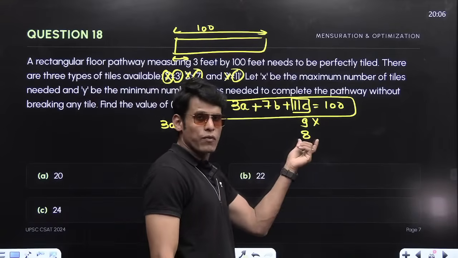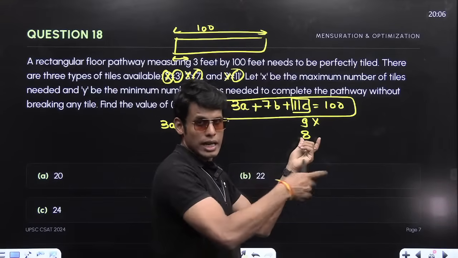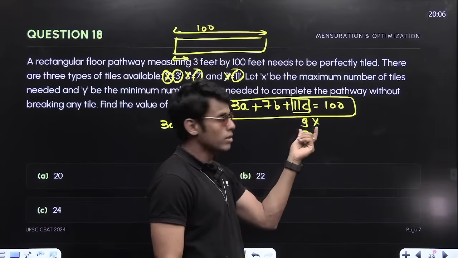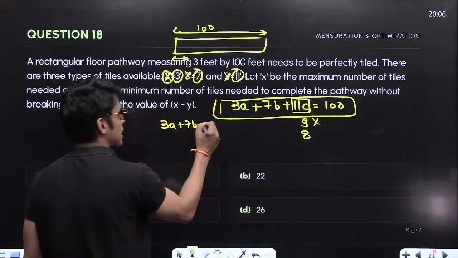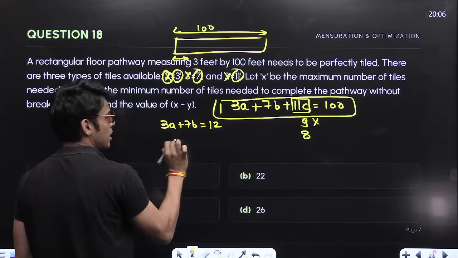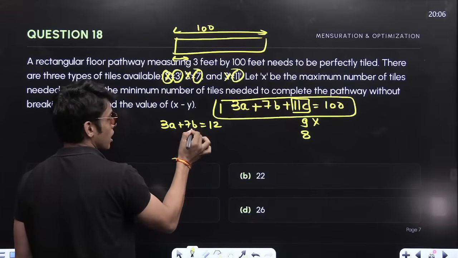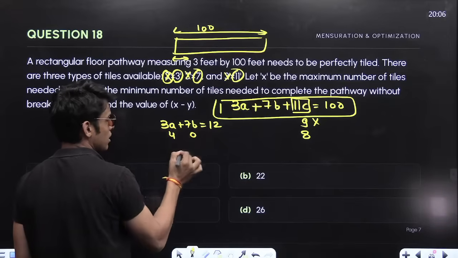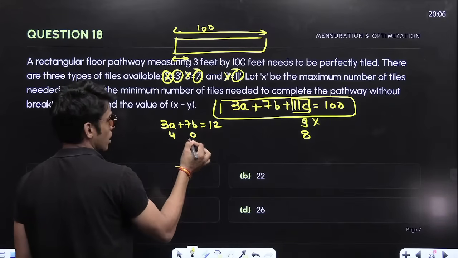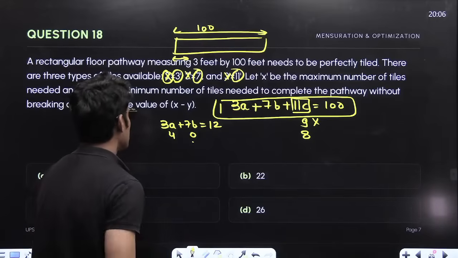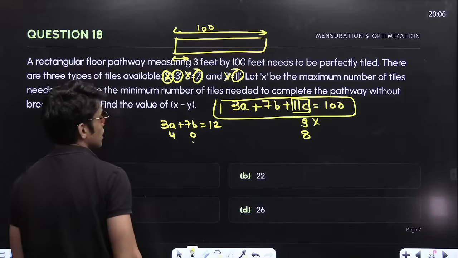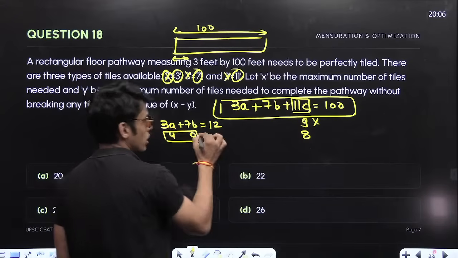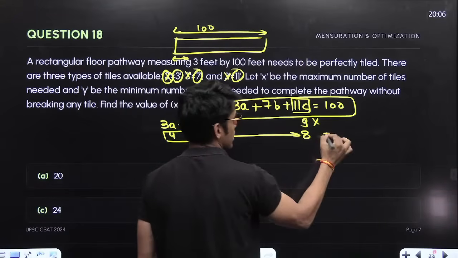The 88 feet are already tiled by these 8 tiles, so just remove that 88 from here, and then you can use 0 tiles here and 4 tiles here. This is the only possibility. So in total, you are using 12 tiles here.